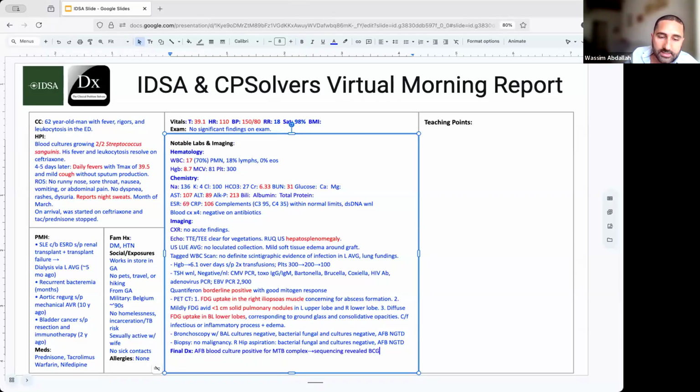And here I want to say that one of the things that I learned from this case when I was reading about it and presenting it is that the BCG that was used historically for the vaccine for people throughout the world is not the same BCG that is given to people in the US. So there are some engineering differences that might explain why the QuantiFERON could have been positive, or mildly positive, from that BCG, which usually is not positive from BCG that is given just for vaccination.